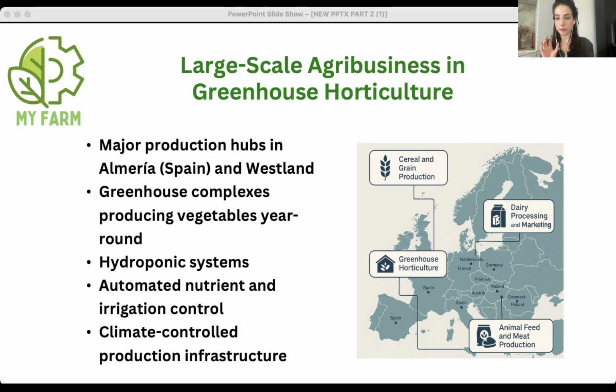Another specific area in which large agribusinesses focus on is greenhouse horticulture. So in Spain's Almeria region and the Netherlands' Westland, massive greenhouse complexes produce vegetables year-round using hydroponics, automated nutrient systems, and climate control infrastructure.